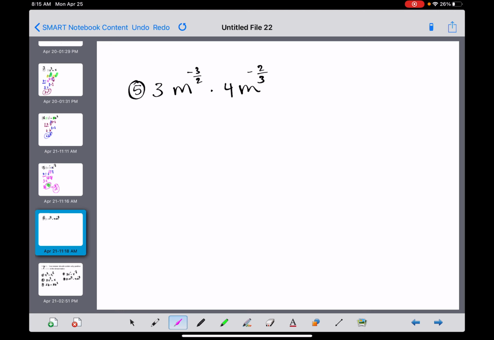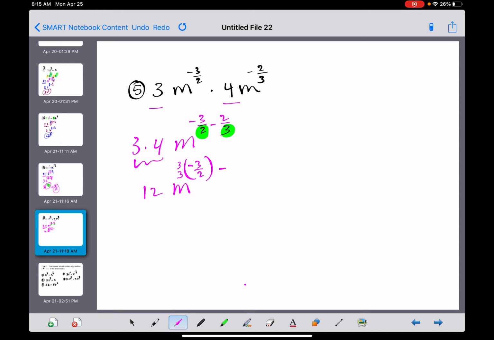Moving on to number 5, same thing. 3 times 4, and then m to the negative 3 over 2 minus 2 over 3. So 3 times 4 is 12, and 2 and 3 have an LCD of 6. That means we have to multiply the first part by something that turns the 2 into a 6, so in this case it's 3 over 3.